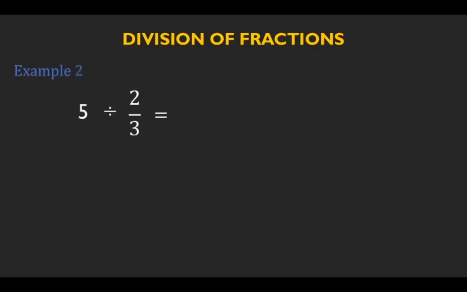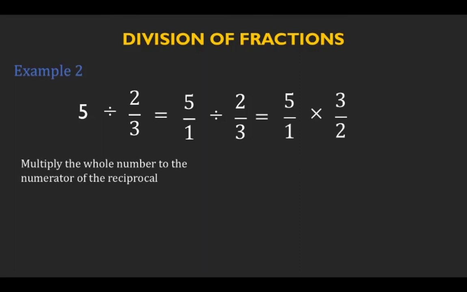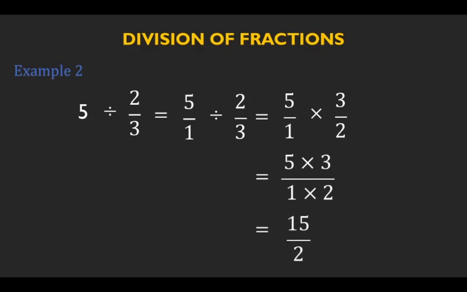Example number 2, we divide a whole number by a fraction. The whole number can take the form of 5/1. We multiply the whole number to the numerator of the reciprocal. We change it to a mixed form.